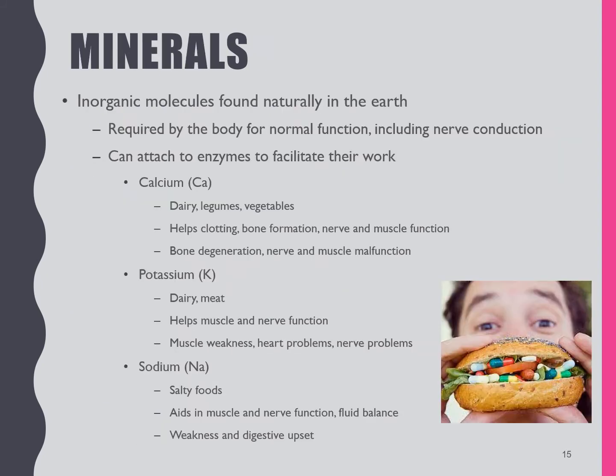Now, while vitamins are organic substances, minerals are inorganic substances that are typically found naturally in and on our earth, and they're required by the body for normal function similar to vitamins. They also assist enzymes and help them work more effectively.